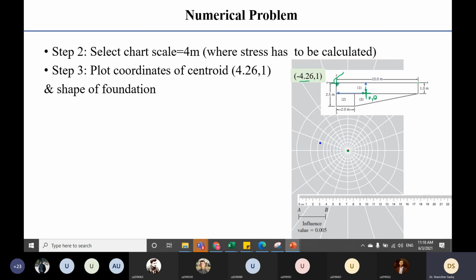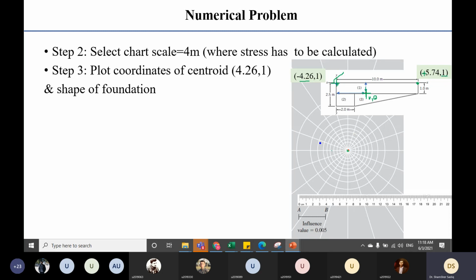Who will tell what the coordinates of this point will be? So this will be 10 minus 4.26. So this will be 5.74. Sorry, this was a mistake. This is plus. And above this zero line, there will be 1.